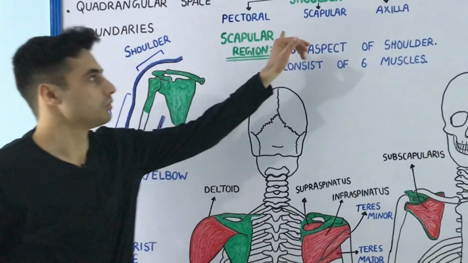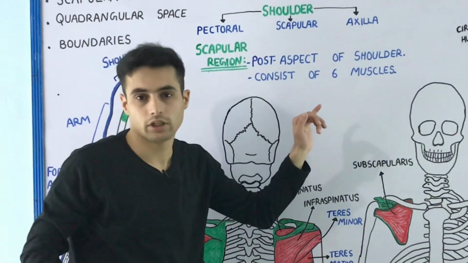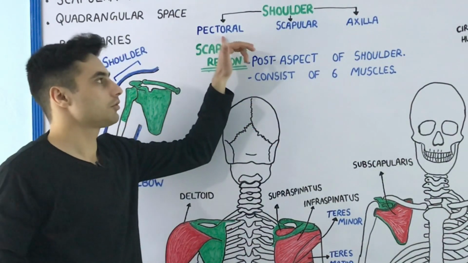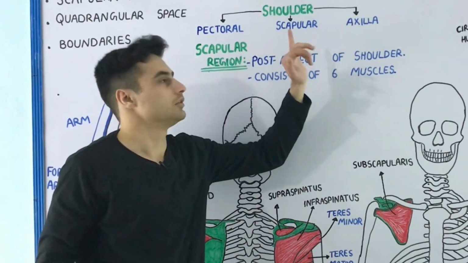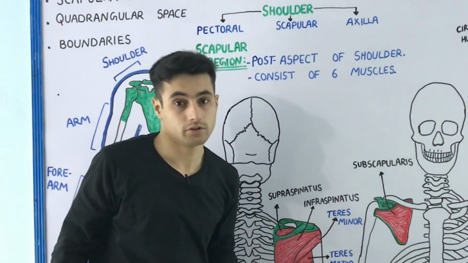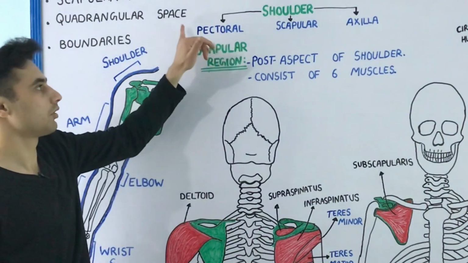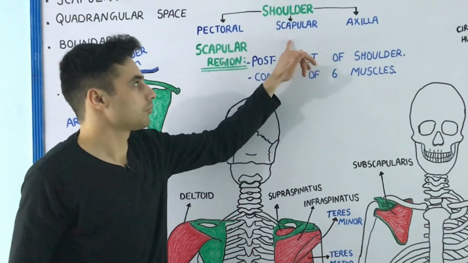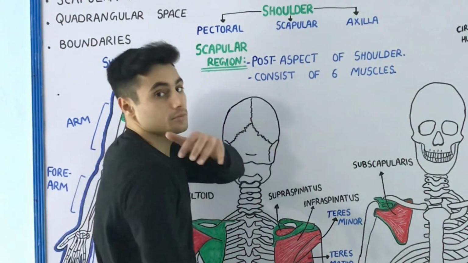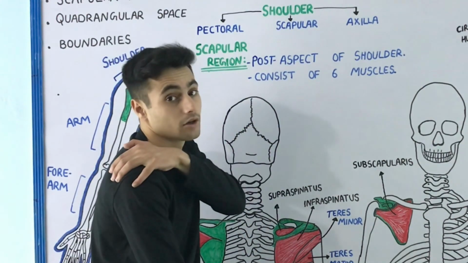Now, the shoulder region is divided further into 3 main regions: the pectoral region, the scapular region, and the axilla region. In the previous video, we've talked about the pectoral region. Let's talk about the scapular region, which is present on the posterior side of your shoulder.